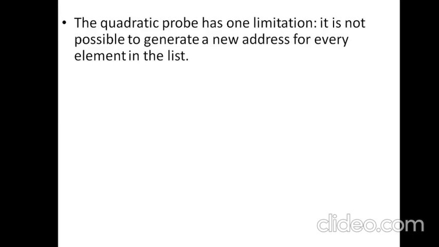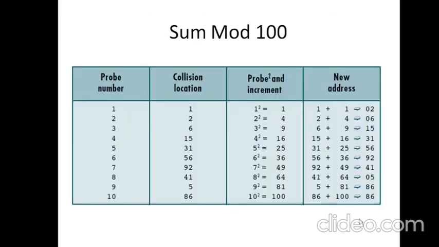A quadratic probe has one limitation: it is not possible to generate a new address for every element in the list. You can see in this example itself, we get a duplication for 2 keys. Here there is a collision at 5 and then there is a collision at 86.